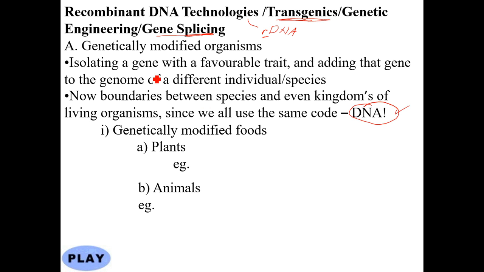The first one I have here is genetically modified organisms, or GMOs. Usually we hear about GMO labeling in terms of foods that we eat, so plants are the big one.